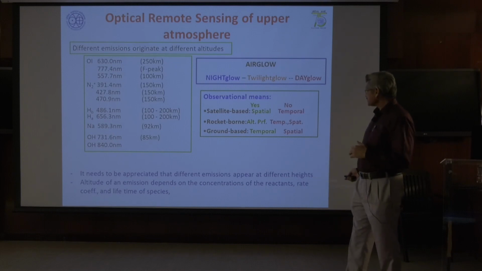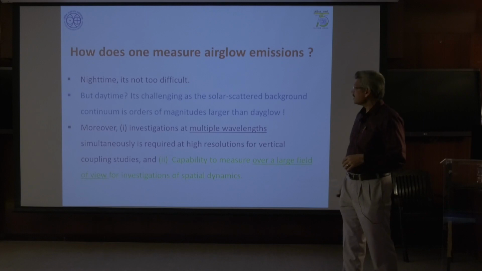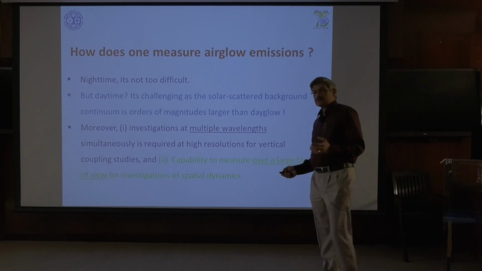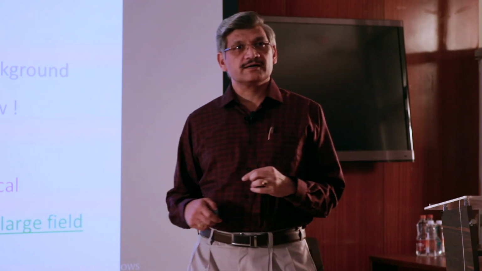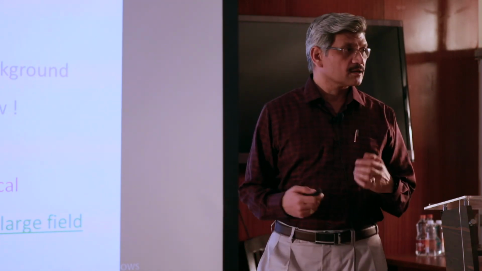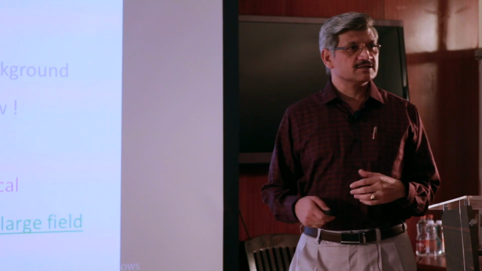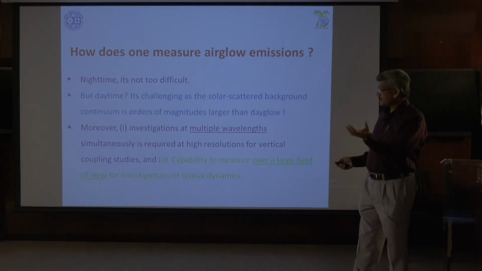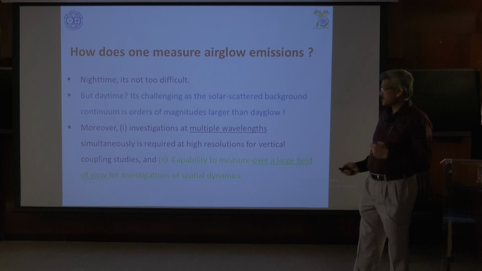So how do we measure these emissions? For nighttime, it's not too difficult. There are more than 100 years of recorded history. You can have spectra, images, photons collected on the ground, devising simple experiments.